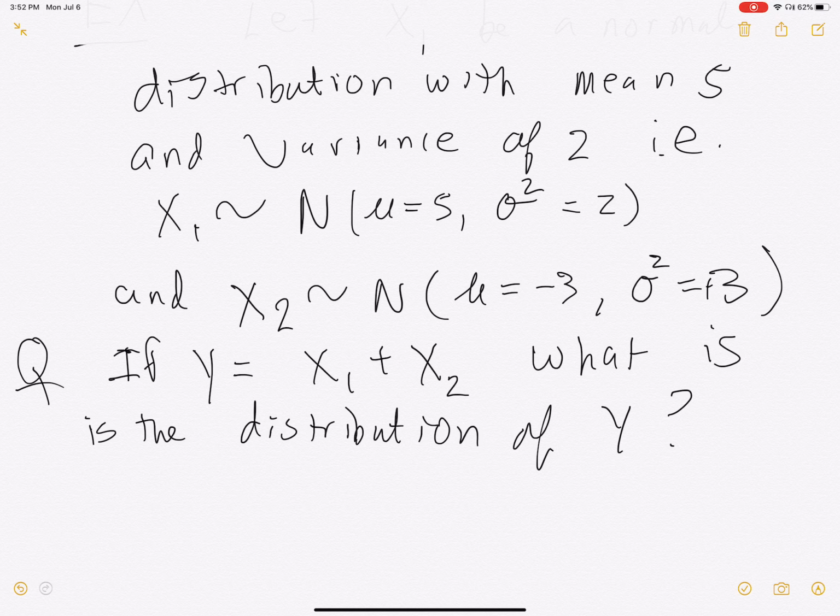One thing that I'm going to note here is that I'm going to assume x1 and x2 are independent. Okay.